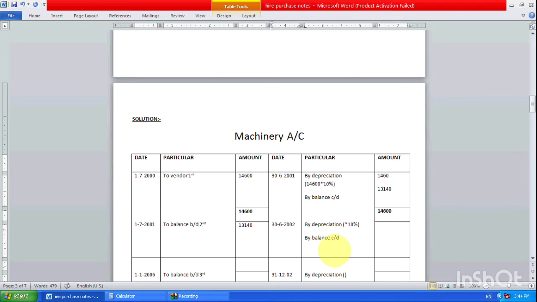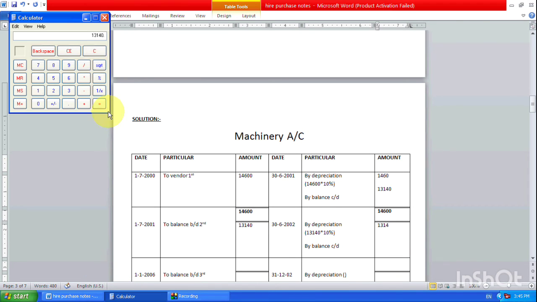Depreciation, 10%. 13,140 into 10% is 1,314. Deduct these 1,314 from 13,140.